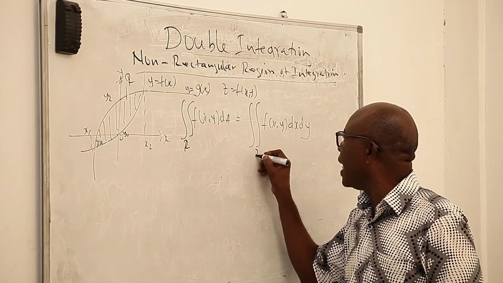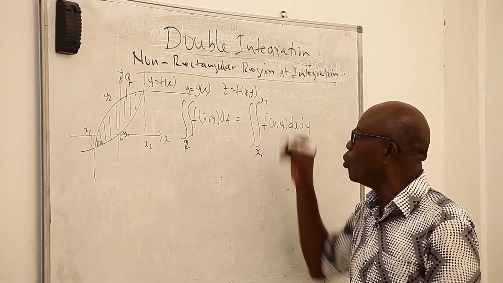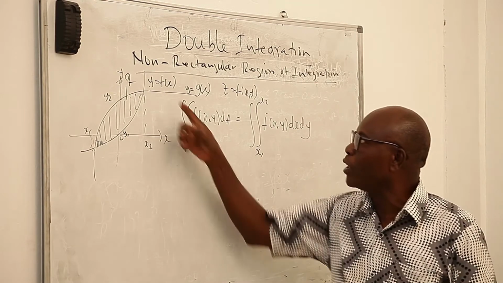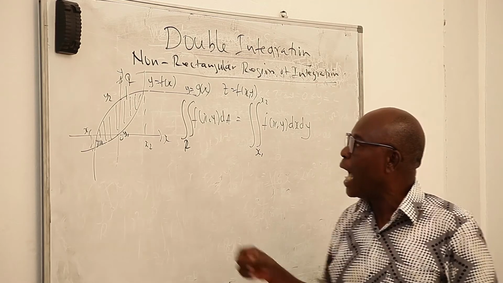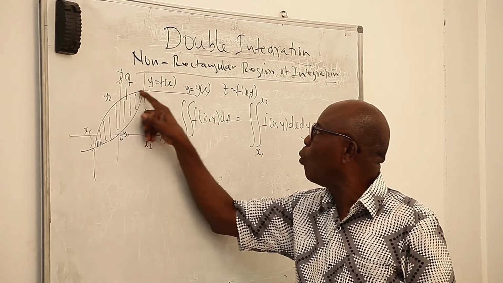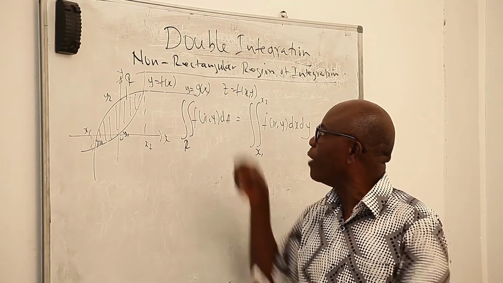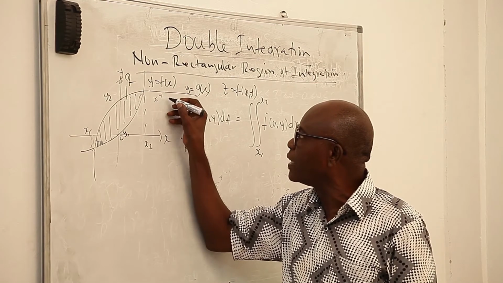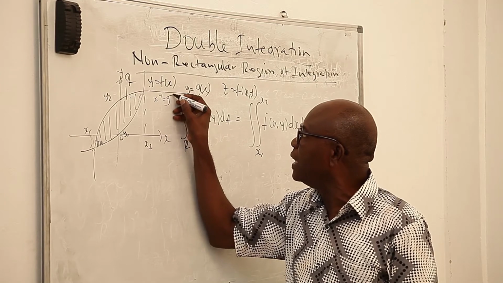Our x limits, x1 and x2, will be given by the inverses of the various functions. The lower limit is y equal to g of x, and the inverse of y equal to g of x gives x equal to g inverse of y.